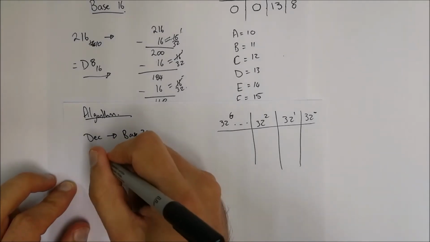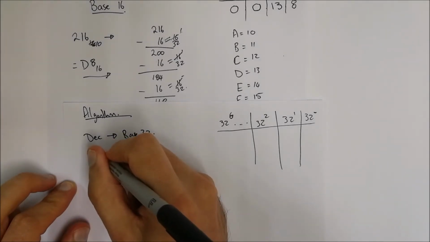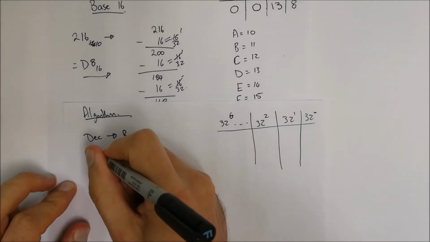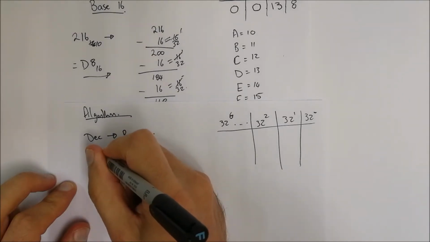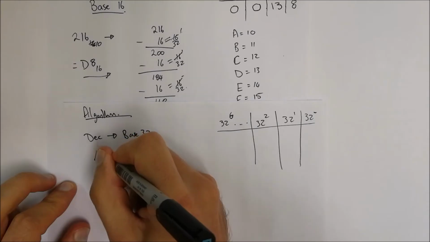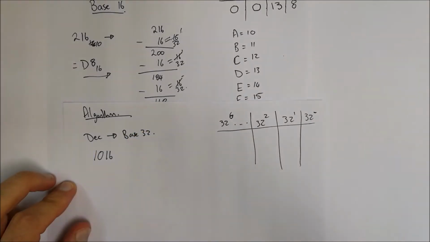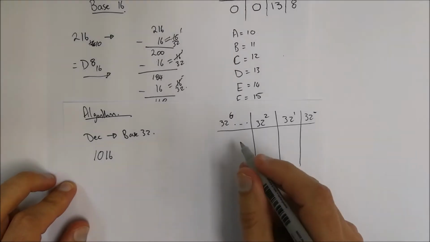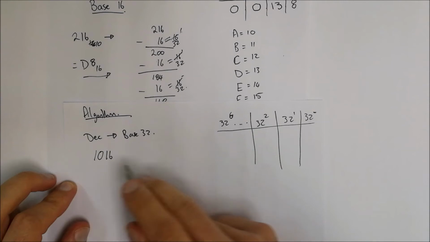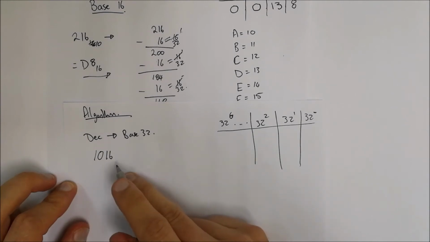So again, let's say the number 1016. I want to convert that to a base 32 number. The first thing we've got to look at is, does 32 to the power of 6 go into 1016?